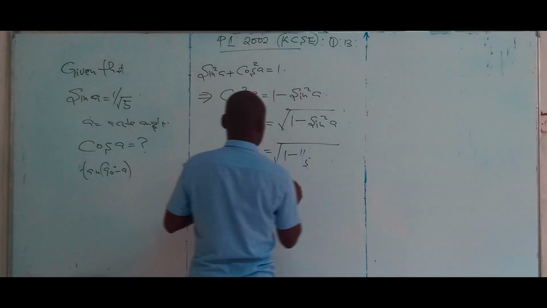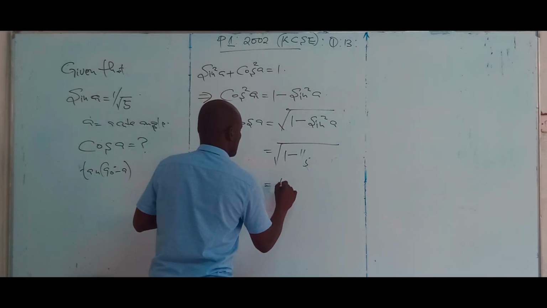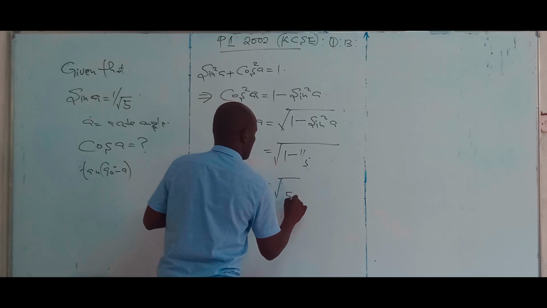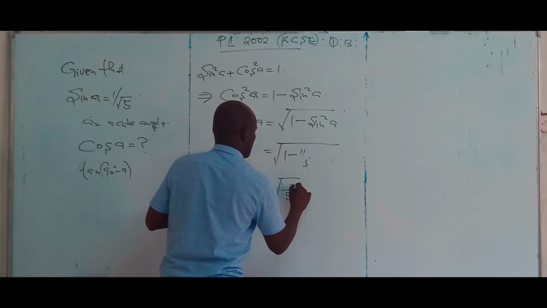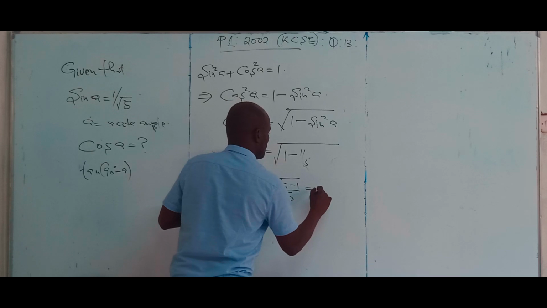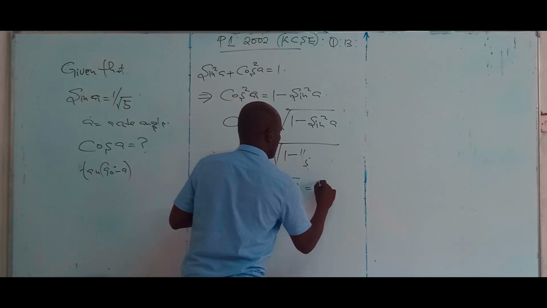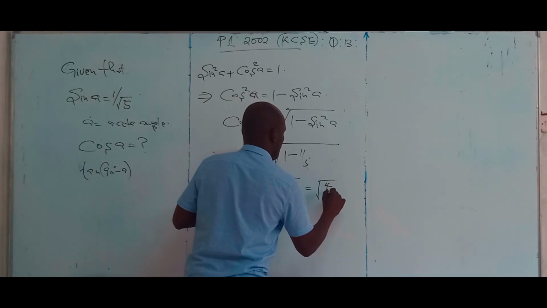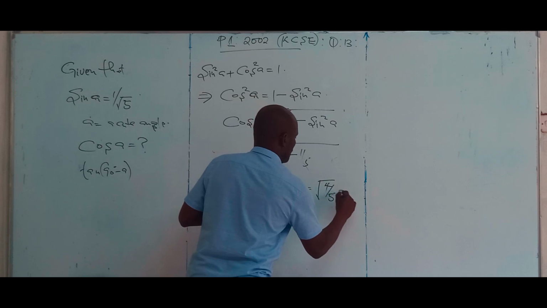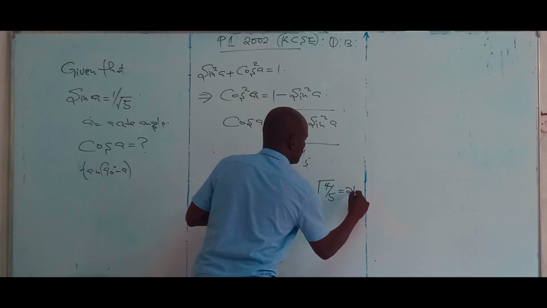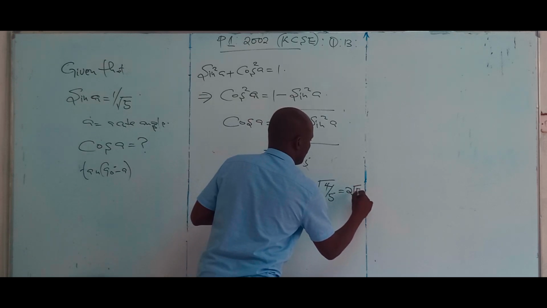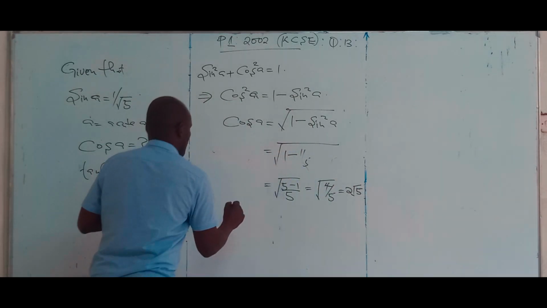This gives us the root of 4 over 5, which is 2 over root 5.